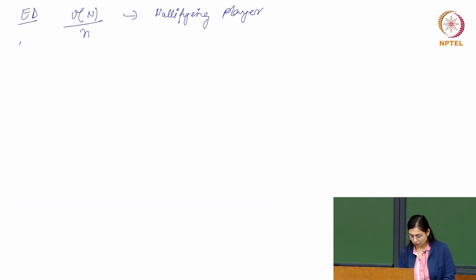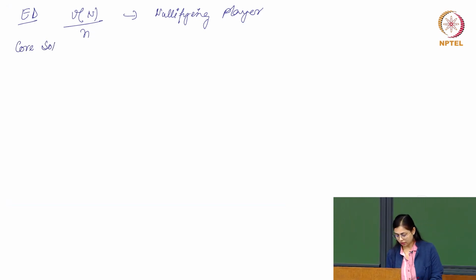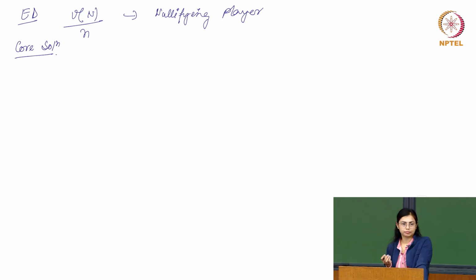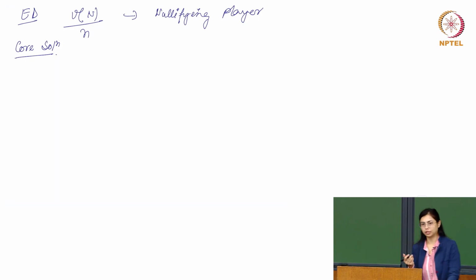Then we talk about the core solution, right? Do you remember how we define the core solution? The sum of individual allocations is equal to v of N, and for each subset, for its coalitions, the overall summation of that allocation should be greater than or equal to the worth of that coalition, right?